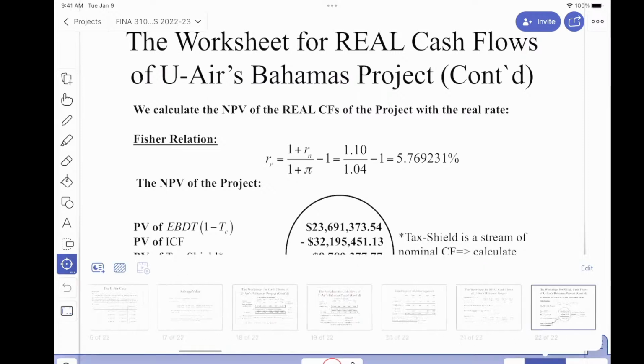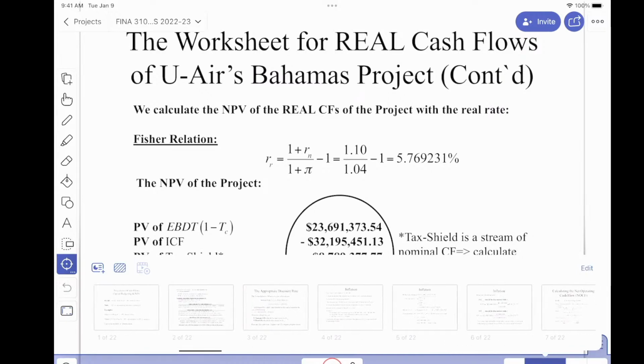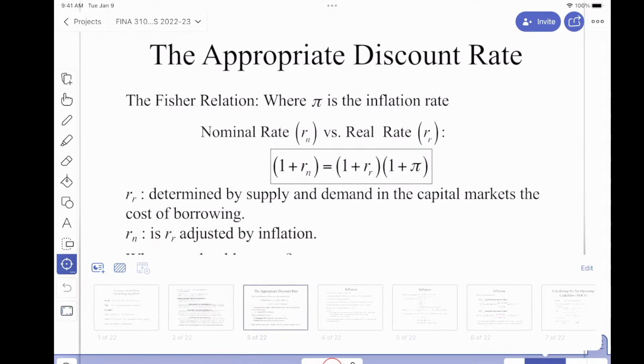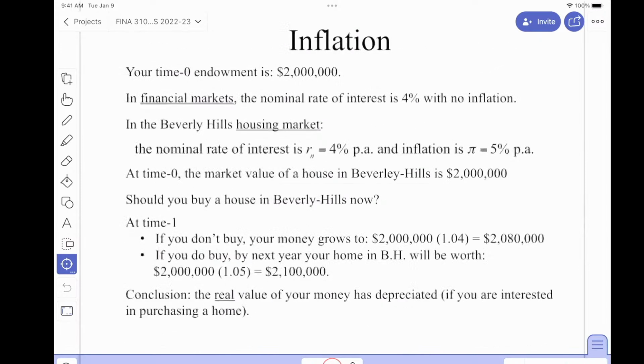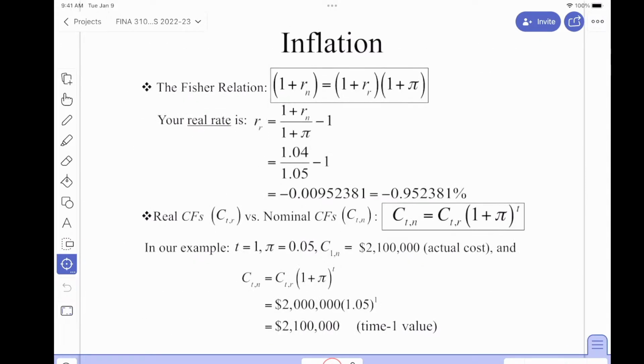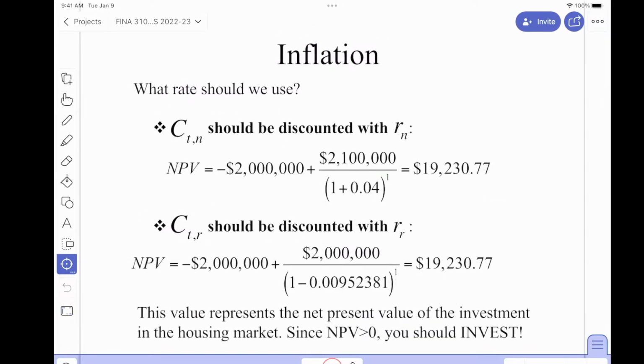So the only thing that remains in these notes is this discussion about the real and nominal interest rate. I think I did this discussion with you. We did do this discussion together, I think. I recall. Let me verify.